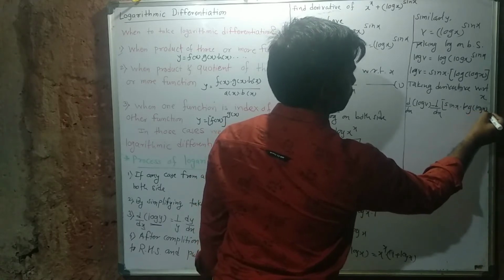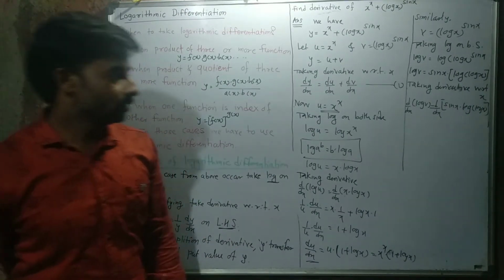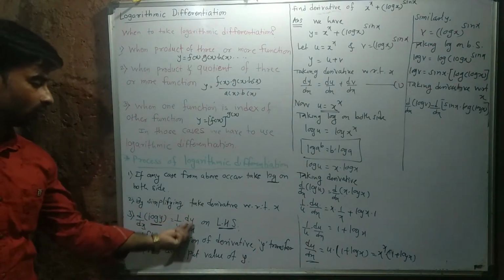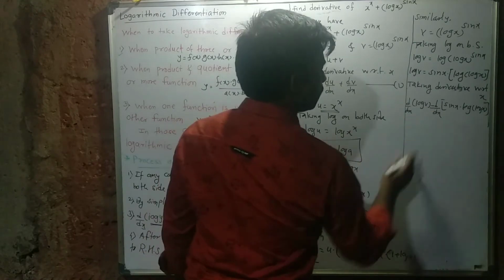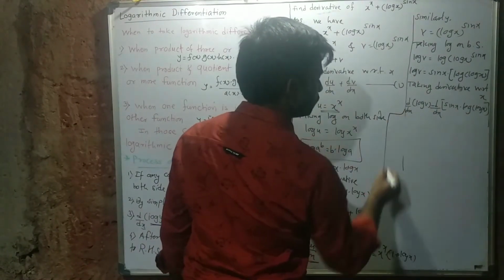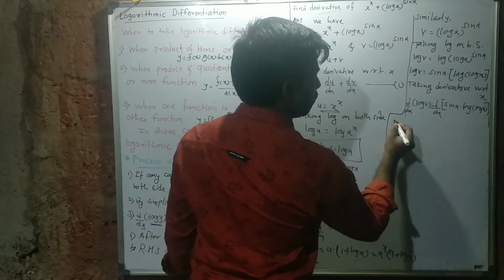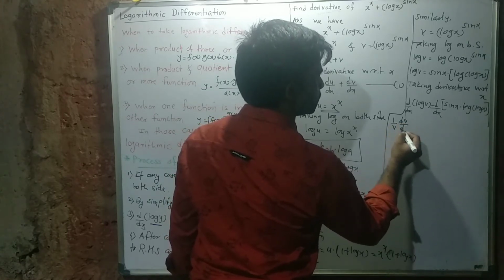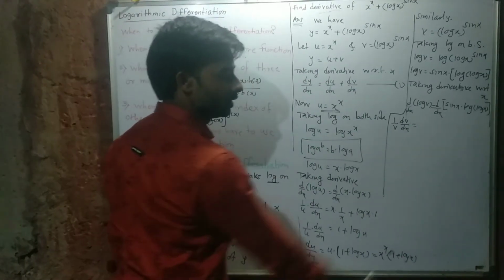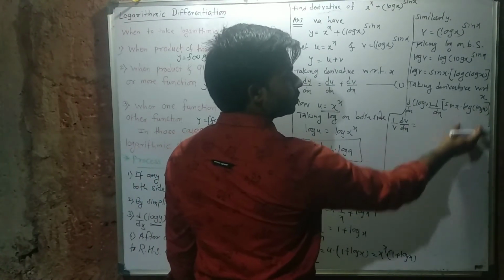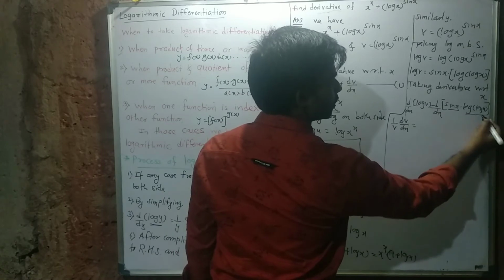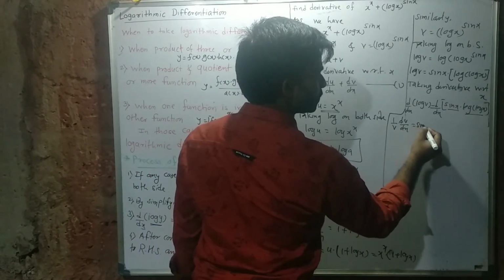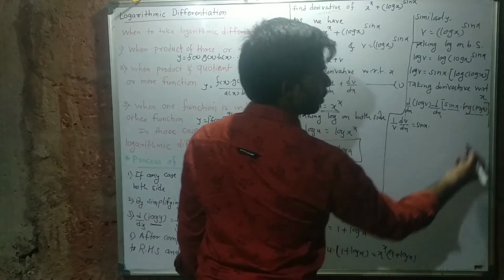As per the rule, log y has the derivative 1 divided by y into dy by dx, so the derivative of this one is nothing but 1 divided by v into dv by dx. Here is a multiplication of two functions, that means this is one function and this is another function. Once again taking the multiplication rule, sin x into the derivative of log of log x.